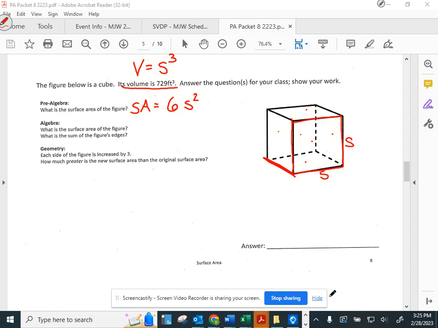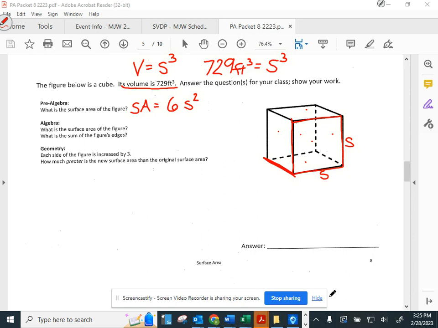And we know our volume is 729 feet cubed. That equals side cubed. So we need to figure out for one side what one number, cubed, multiplied by itself 3 times, is going to equal 729.